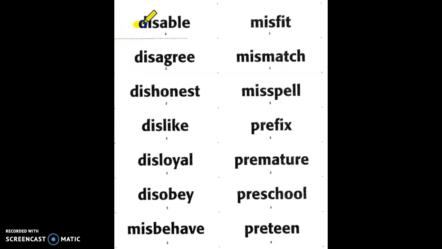So, for example, disable has that prefix that we're looking for. So does disagree, dishonest, dislike, disloyal, and disobey.